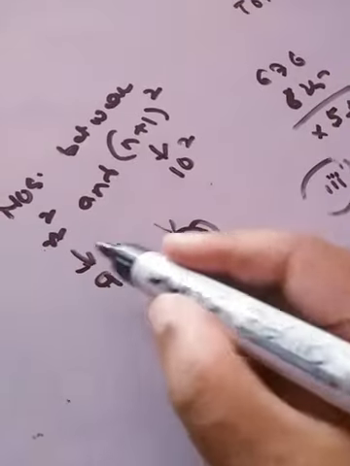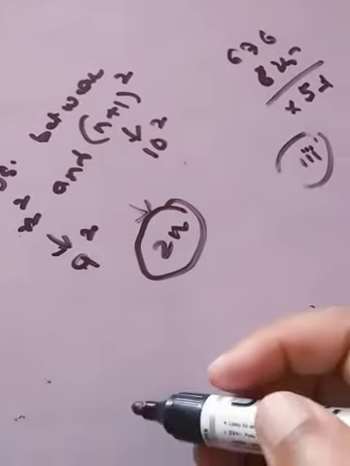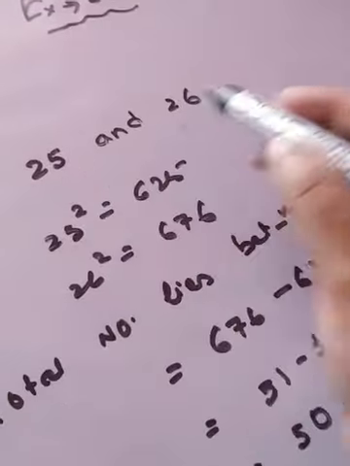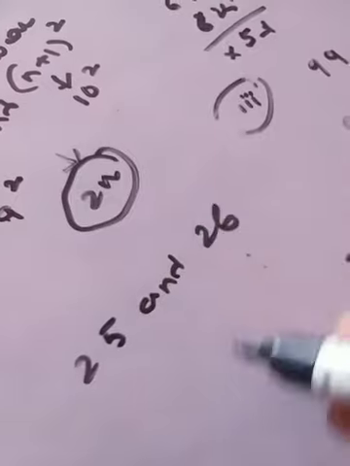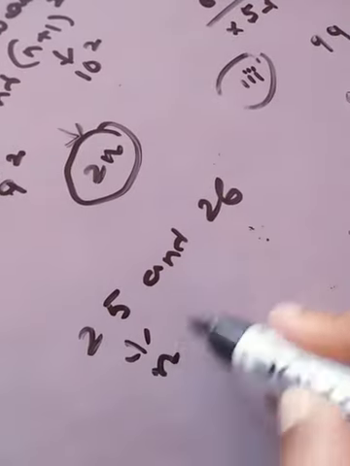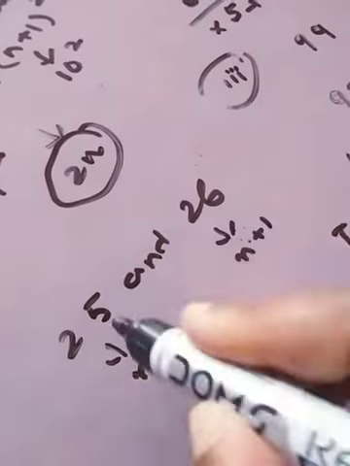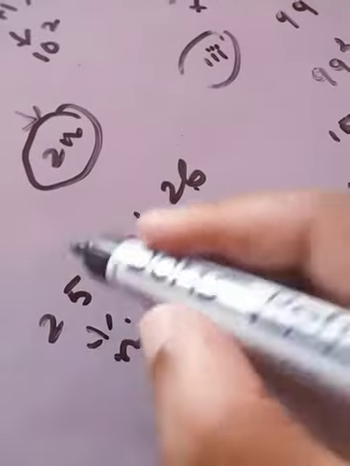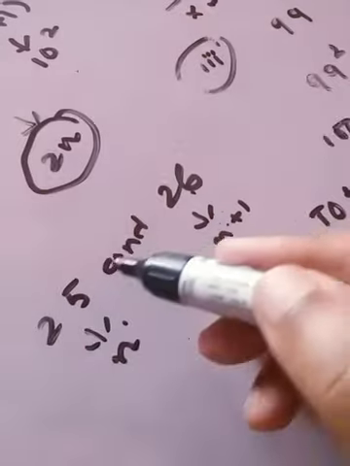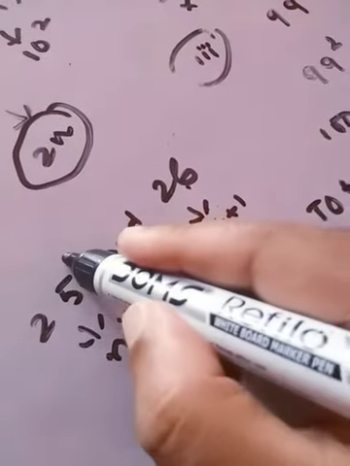You will always consider the first number as n. If you go with 25 and 26, we'll consider 25 as n and 26 as n plus 1, because 26 is 1 more than 25. So how many numbers will lie between the squares of 25 and 26?